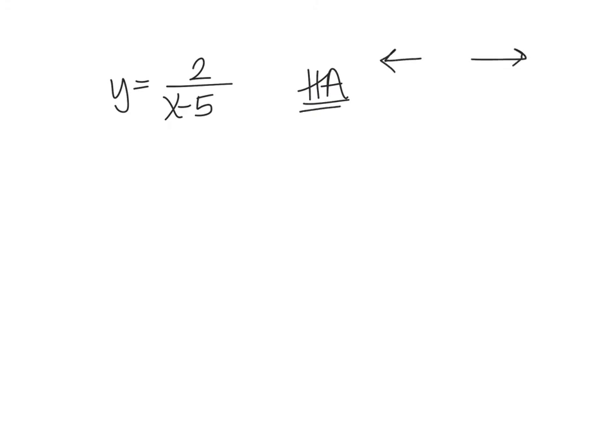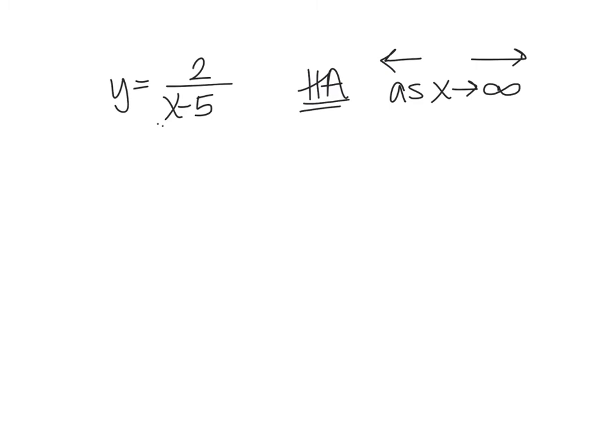And if I take a look at this function, y is equal to 2 divided by x minus 5, and I'm thinking about those horizontal asymptotes, which are going to impact the far right and the far left sides of the graph, which means we're going to look at what happens as x becomes a really, really large number. As x approaches infinity, that's the same as going to the right.